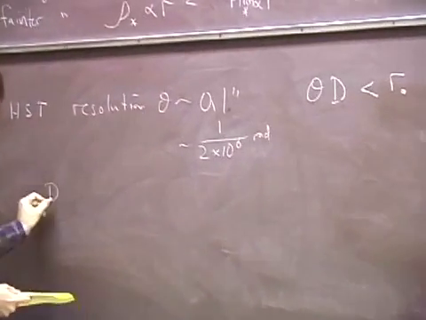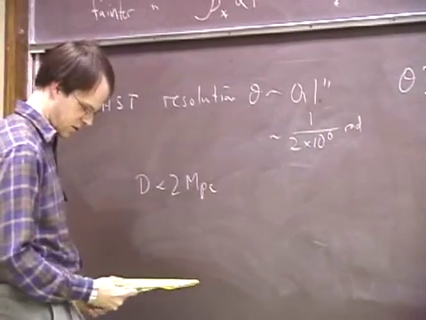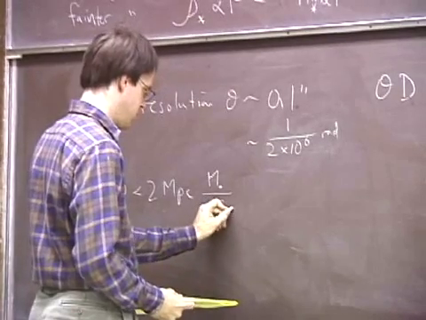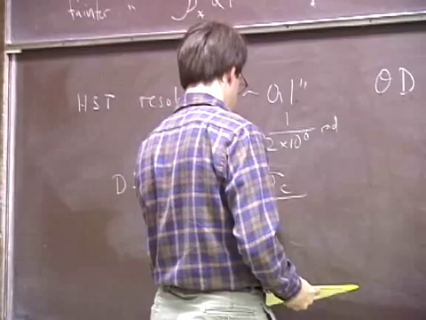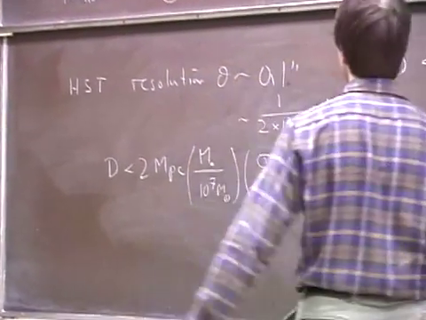That says that the distance is less than 2 megaparsecs times the mass in the black hole over 10 to the 7 solar masses times the velocity dispersion scaled to 200 kilometers a second, squared.